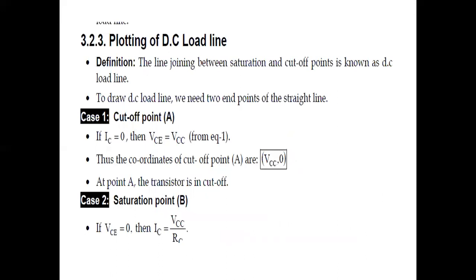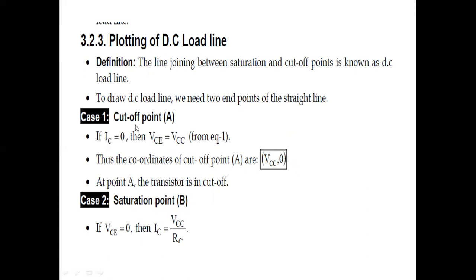So here, the line joining the saturation and cutoff points can be treated as the DC load line. To draw the DC load line, we need 2 endpoints of the straight line.